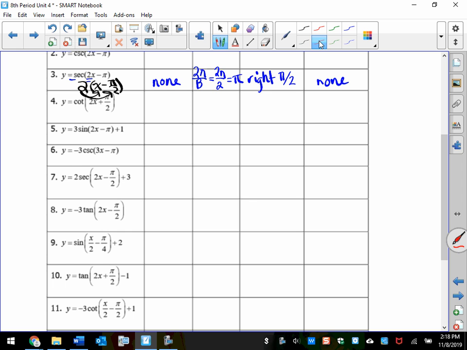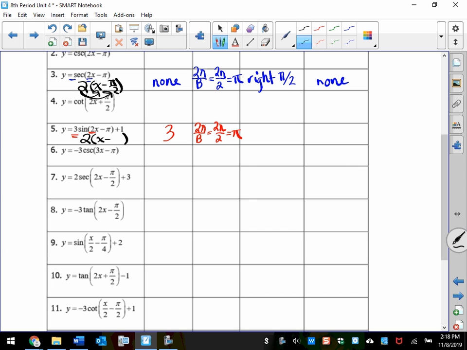Yeah, so number 5 here is back to sine. This one has a vertical stretch of 3, so that means the amplitude, sine and cosine are the only ones with amplitude, is 3. And the period is going to be 2 pi over b, and the coefficient of x here is 2, so we want 2 pi over 2, or just pi, as our period. So that's the new period. And the phase shift, in order to calculate the phase shift, you have to factor out a 2.